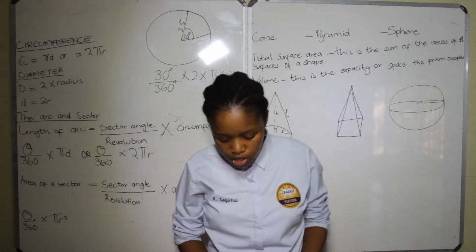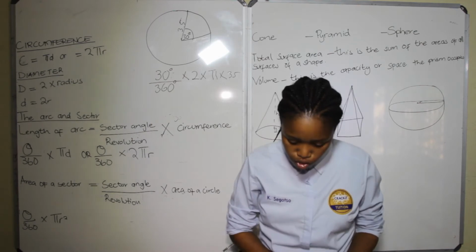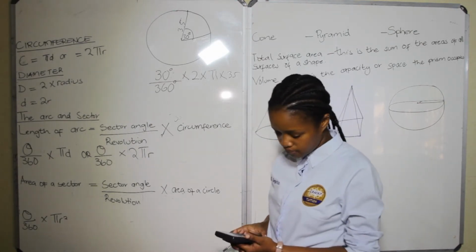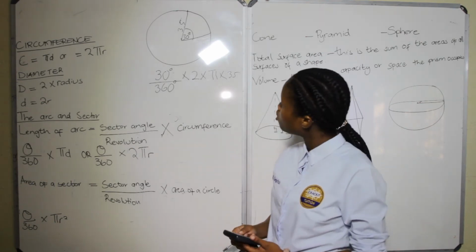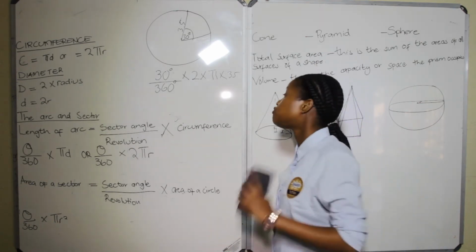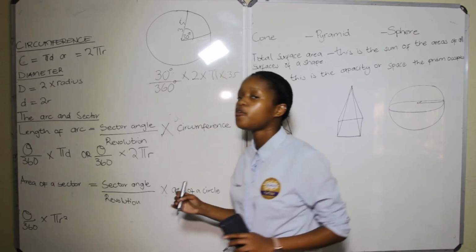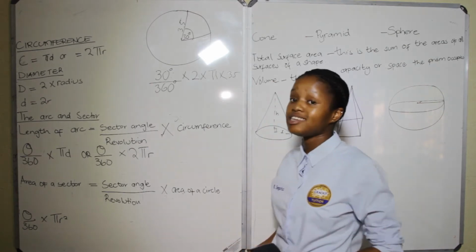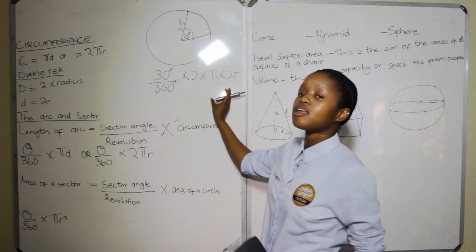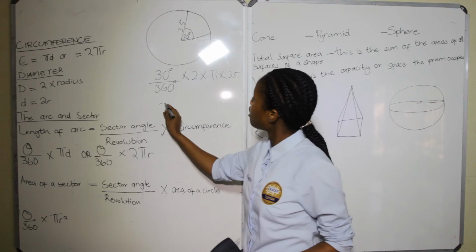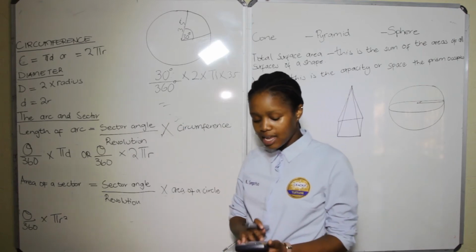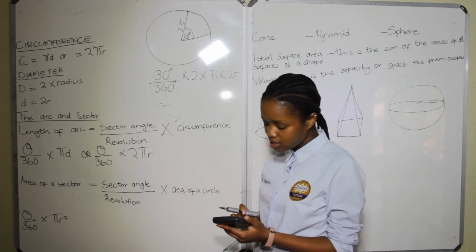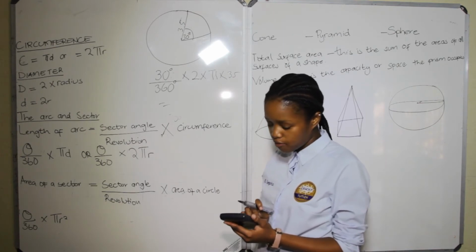So, in your calculator, what are you going to do? To be quite frank, some of you don't know, you can just press this value in your calculator and it can give you a different answer rather than when you have simplified it. What am I talking about? Let me press 30 over 360 times 2 times pi times 3.5.